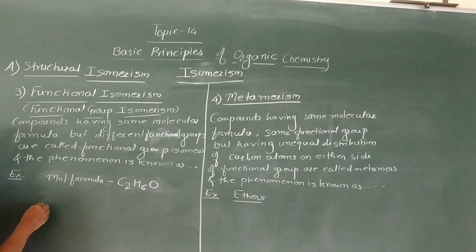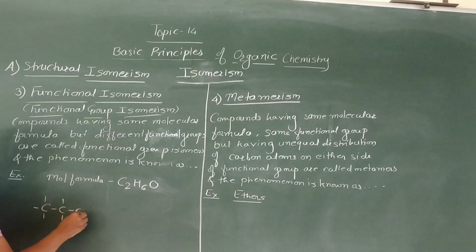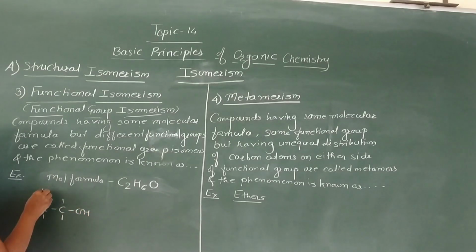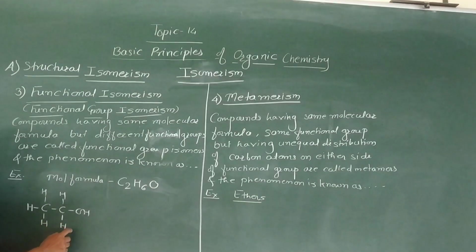Now we can write this structure like this: CH3, CH2, OH. This is alcohol, that is, the functional group of this compound is alcohol. The common name of this compound is ethyl alcohol and the IUPAC name is ethanol.